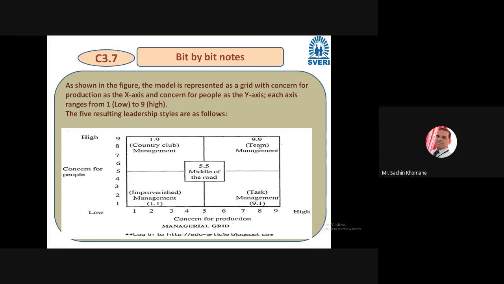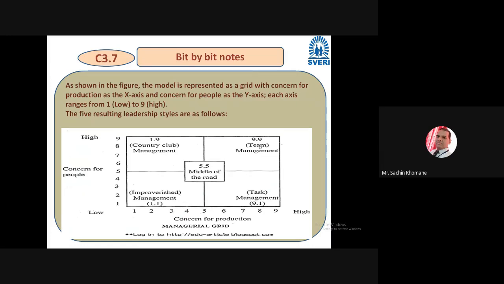Similarly, 1.9: 1 is taken from the x axis and 9 from the y axis, so it is called country club management. Similarly 9.9 is team management. And for 5.5, from the x axis 5 is taken, from the y axis 5 is taken, so it becomes 5.5.